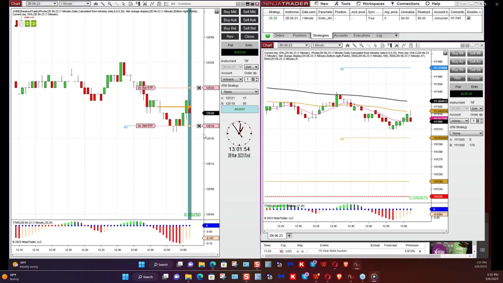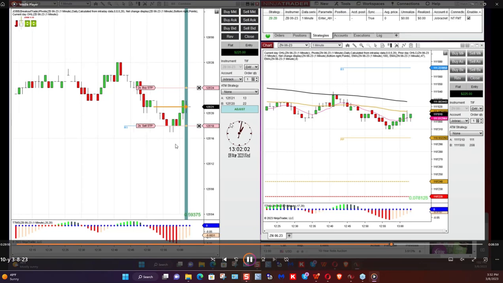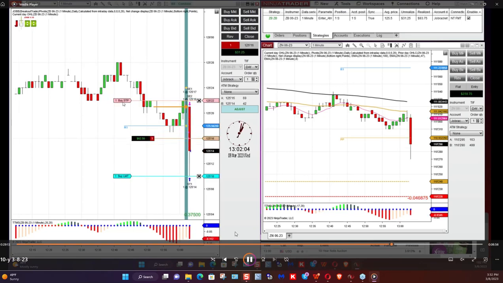It hit my first target. So what would have been so much smarter would have been to move my stop below break even by 2 or 3 ticks, rather than so fast protecting profit that it cost me profit.